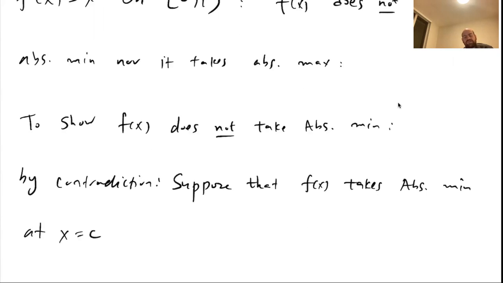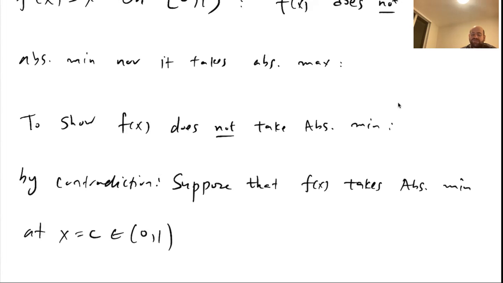I want to show it doesn't take an absolute min at any point, but let's say it takes an absolute min at x equals c. Of course, the absolute min has to be inside the domain, remember. Absolute max and min, by definition, must be in the domain. So let's say some value c is the absolute min.